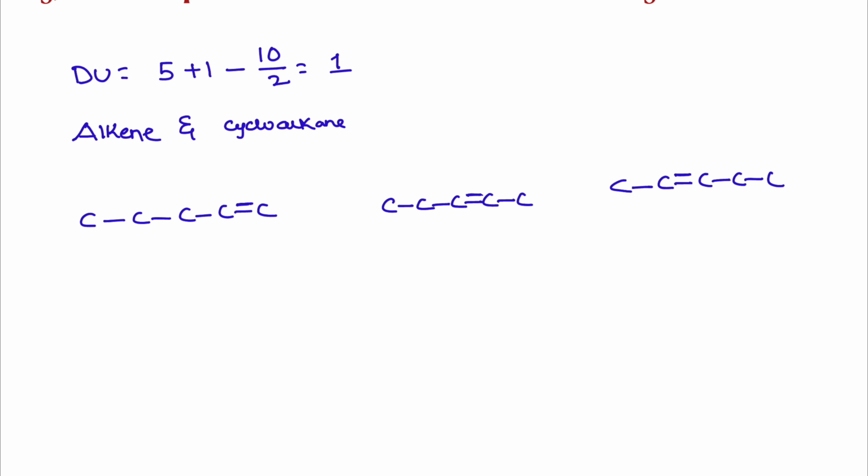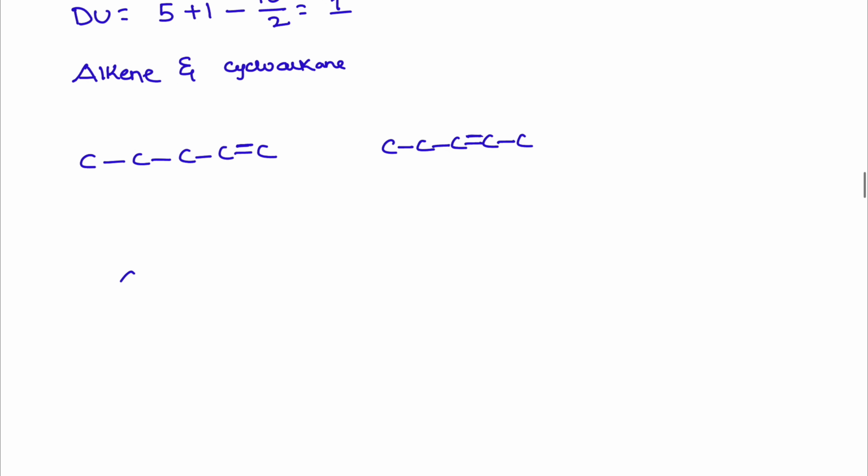So what does it mean? In this case, numbering is started from the right side, the double bond is at the second place. Numbering started from the left side, the double bond will be at the second place. So these two are identical. Now let us move on to the 4 carbon chain. Substituent should be kept either here or here, the result is the same.